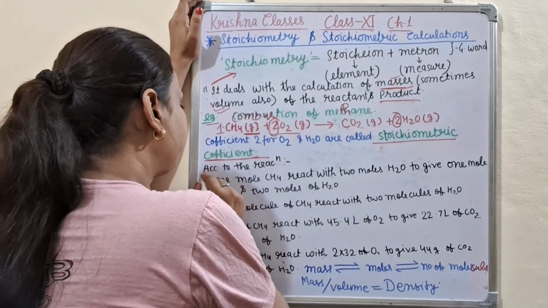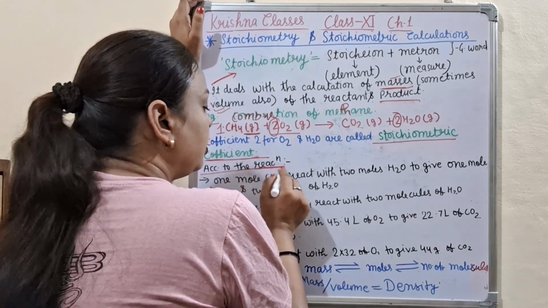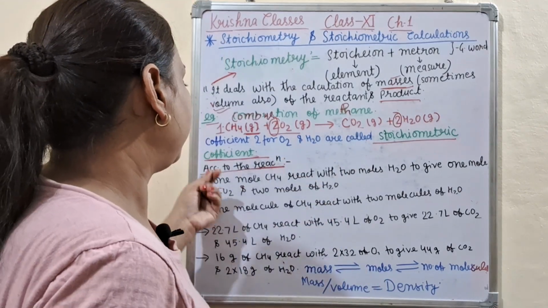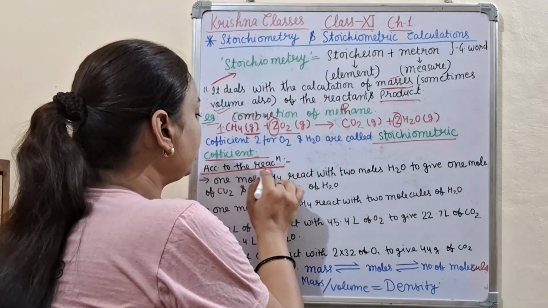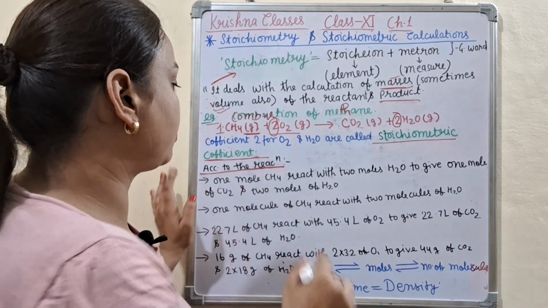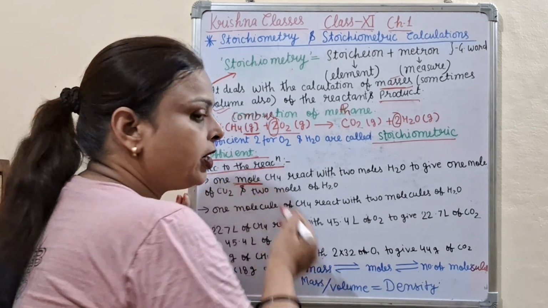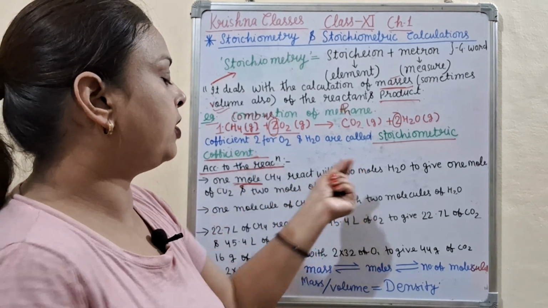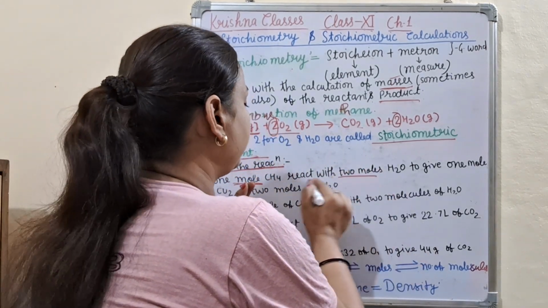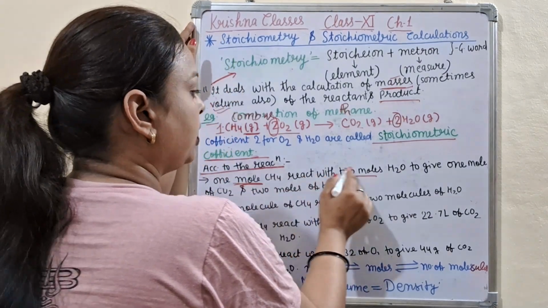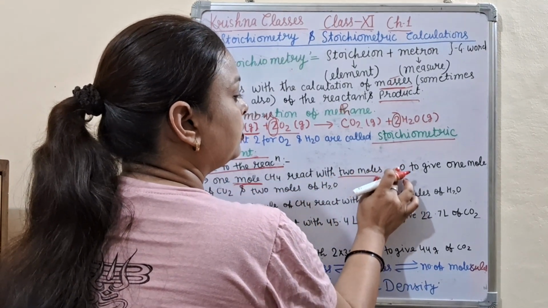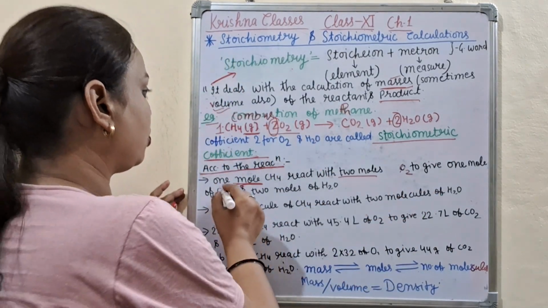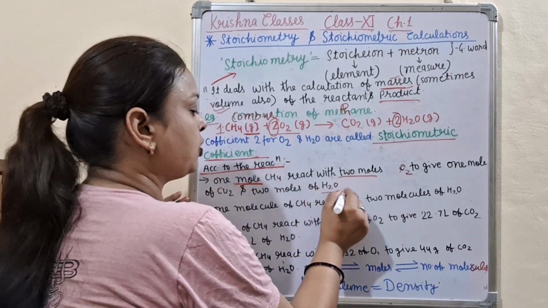And what is the conclusion that came out from this theory? According to stoichiometry, 1 mole of CH4, I repeat again, 1 mole of CH4 reacts with 2 moles of oxygen, O2, to give 1 mole of CO2 and 2 moles of H2O.